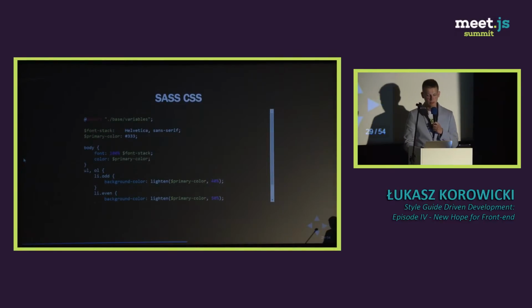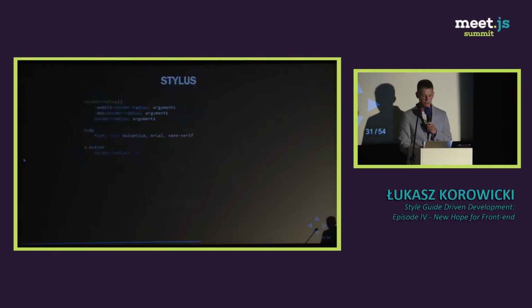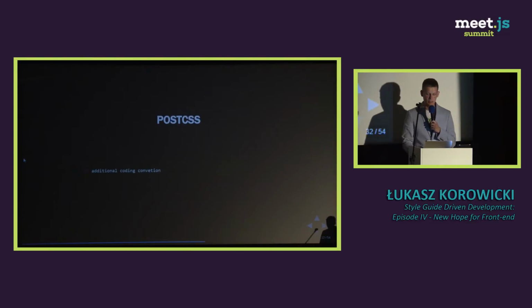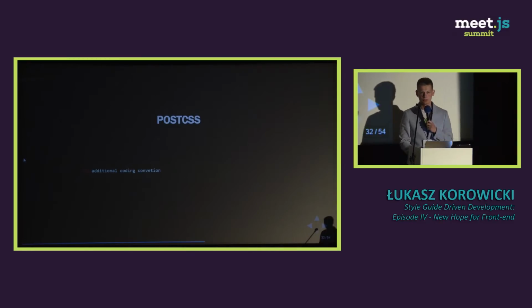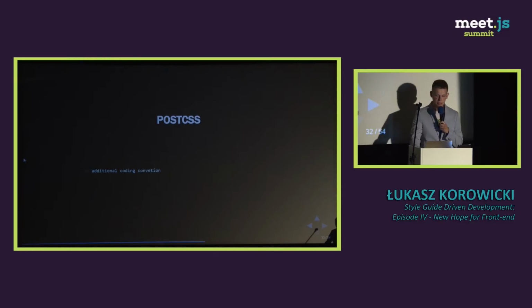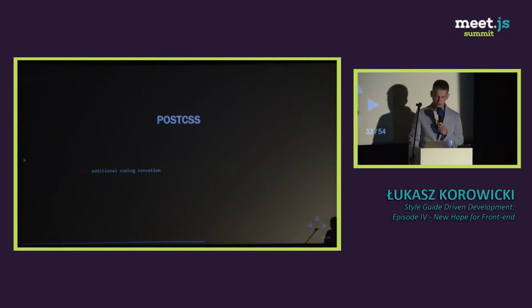And this is how Sass CSS looks. This is Less, Stylus. And for PostCSS, we do not have any additional coding convention. We just write our CSS, which is then just transformed to the one we need for our project.